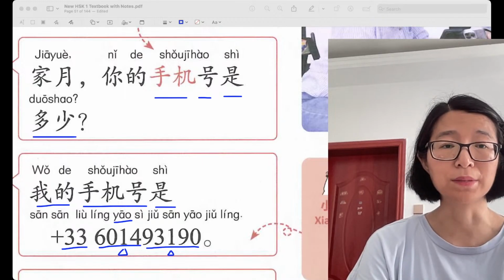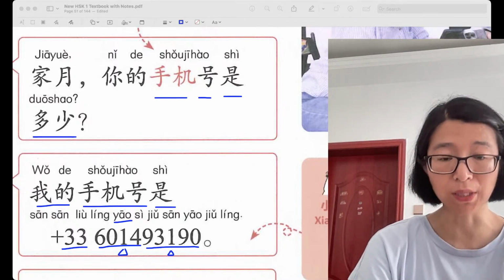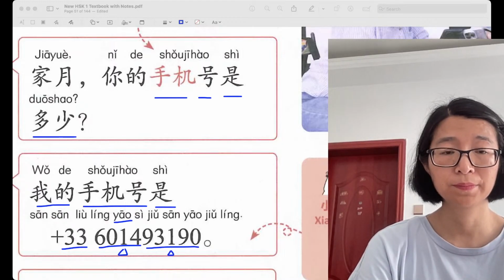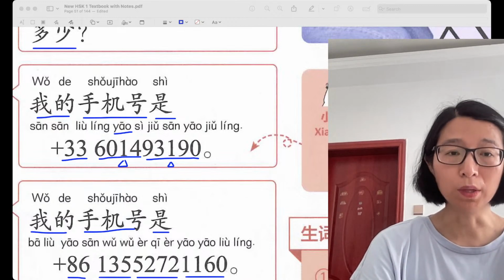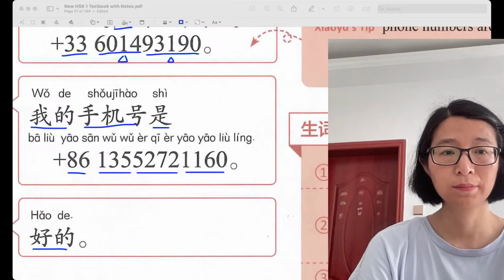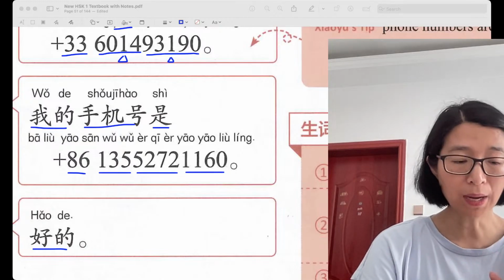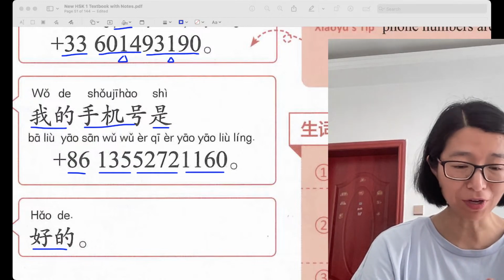Guys, then, one more time. 嘉悦，你的手机号是多少？ 嘉悦，你的手机号是多少？ 我的手机号是336014939190。 Okay, repeat. 我的手机号是336014939190。 我的手机号是86-135-5272-1160。 我的手机号是86-135-5272-1160。Guys, have you got these two phone numbers?